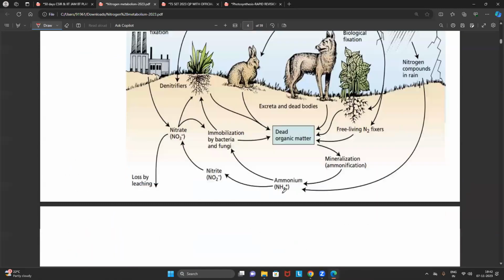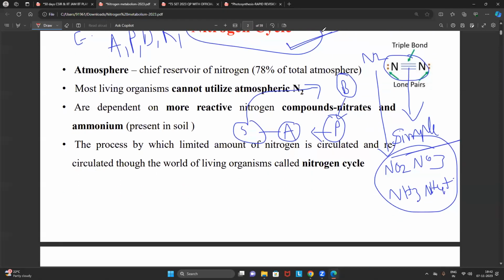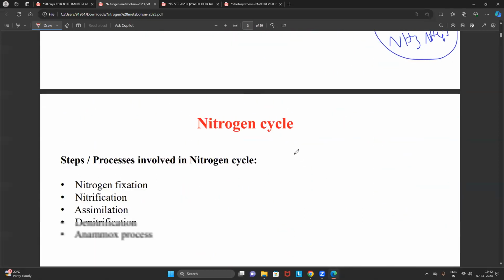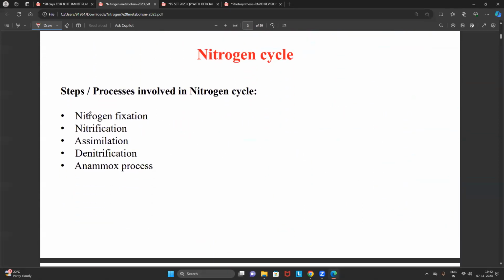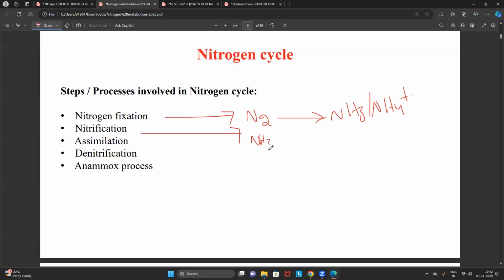Never get confused with that. Now, focus. The question won't go beyond whatever I am teaching you. Make sure that you listen to me properly. So, first step, nitrogen fixation. They will ask the question from the equation also. What is nitrogen fixation? N2 converted into NH3 or NH4 plus. What is nitrification? Conversion of NH3 or NH4 into NO2 and NO3.